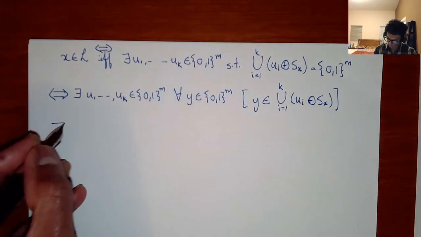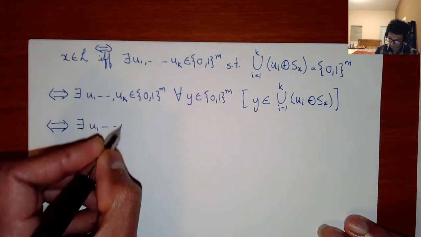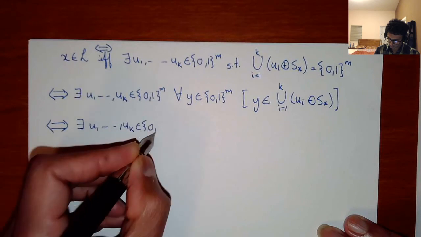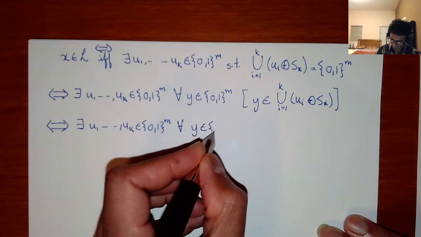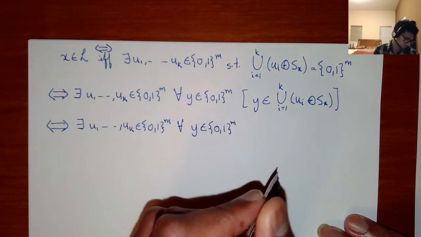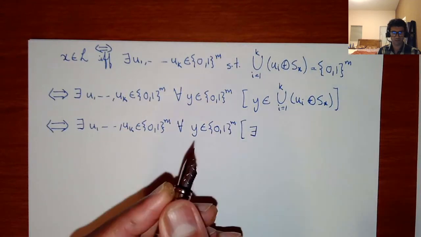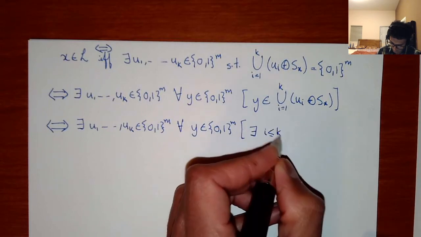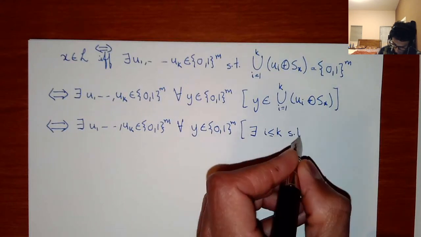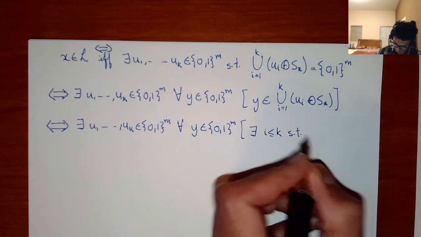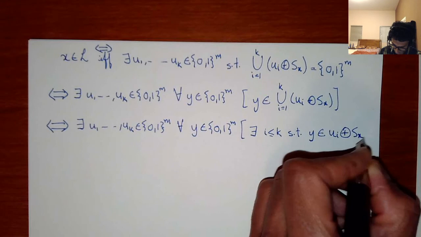Okay, then let me go ahead and rewrite this yet again. I'll say there exists U1 up to UK in {0,1}^M such that for all Y, there exists an I from 1 to K such that Y lies in UI plus SX.